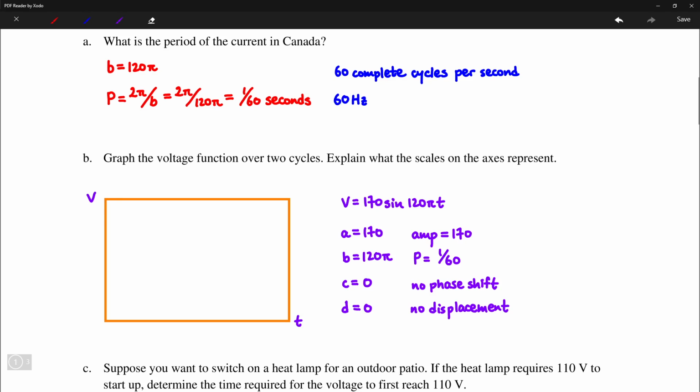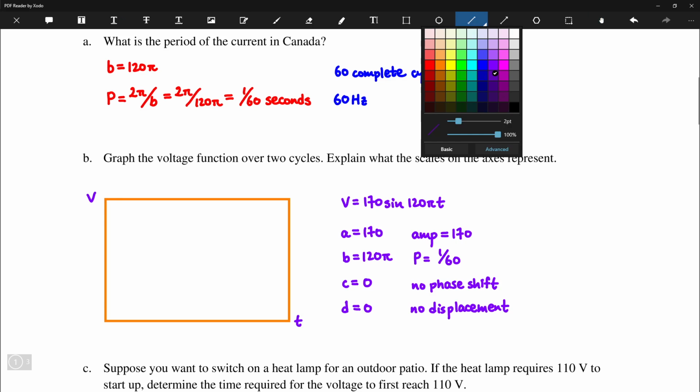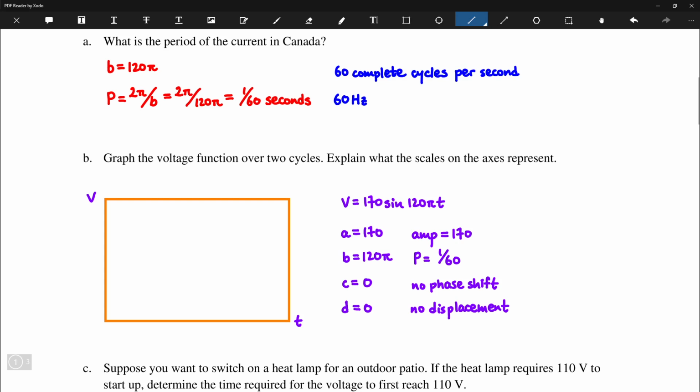What that means for the graph is that the maximum value that the graph will reach will be 170, and the minimum that it'll reach is negative 170. And in between the two is the midline of 0.